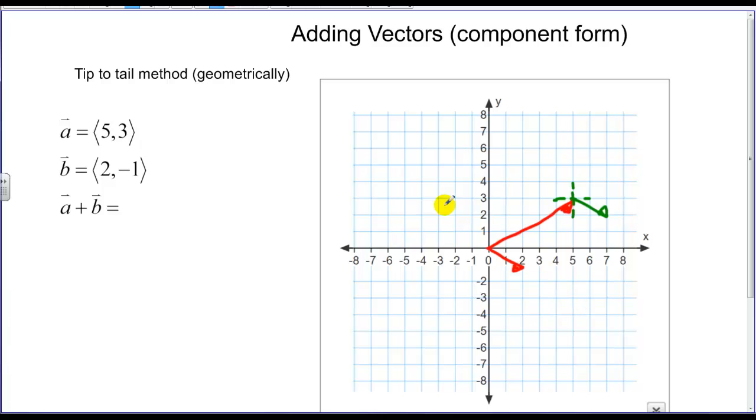And connect the two. If I were to then draw from my origin out to the tip of the second vector I added, that is going to represent the sum and my new vector. This new vector being over 7 and up 2.